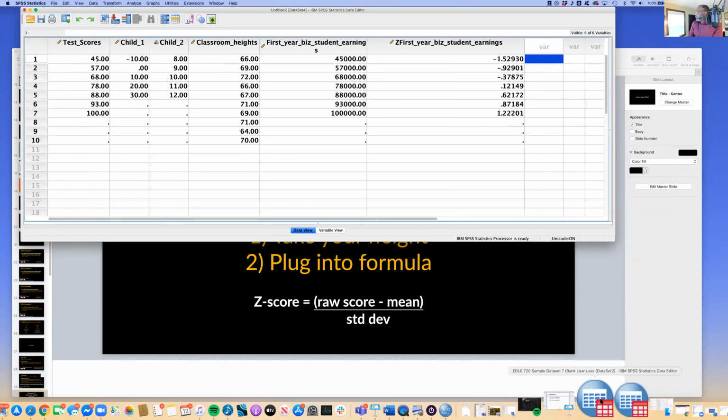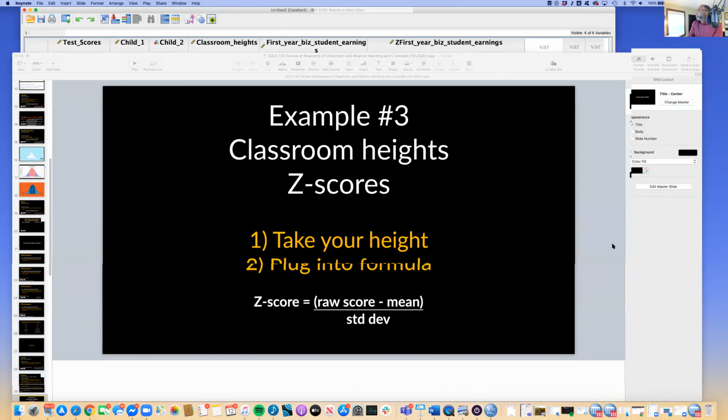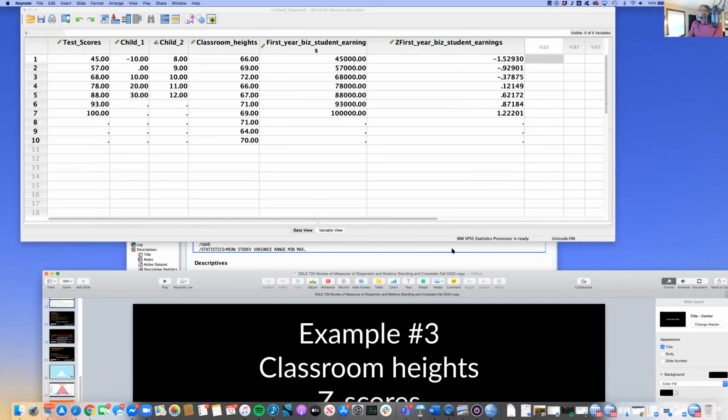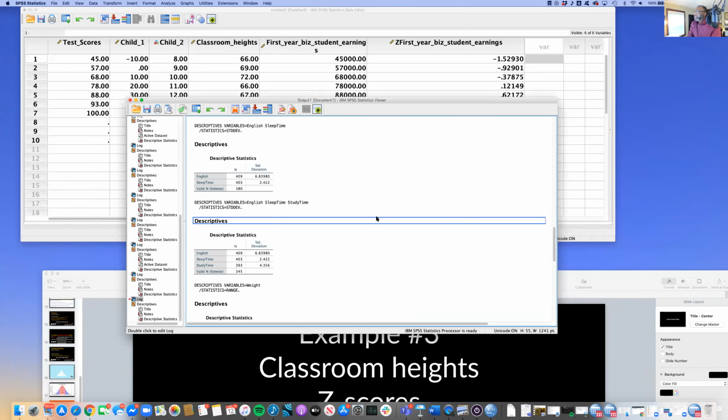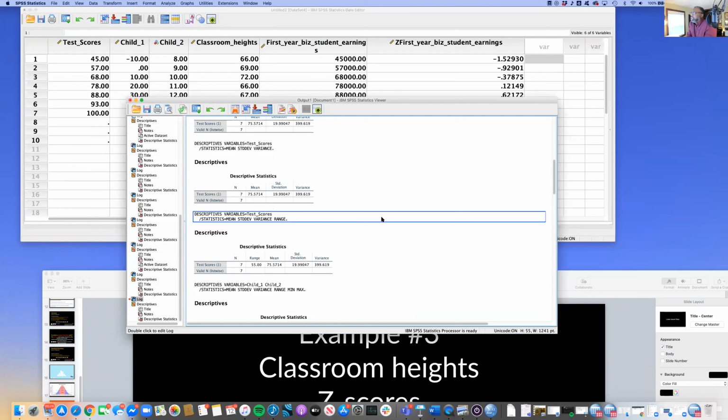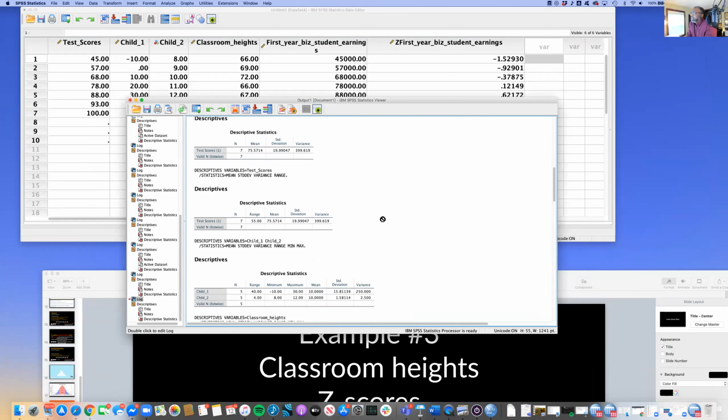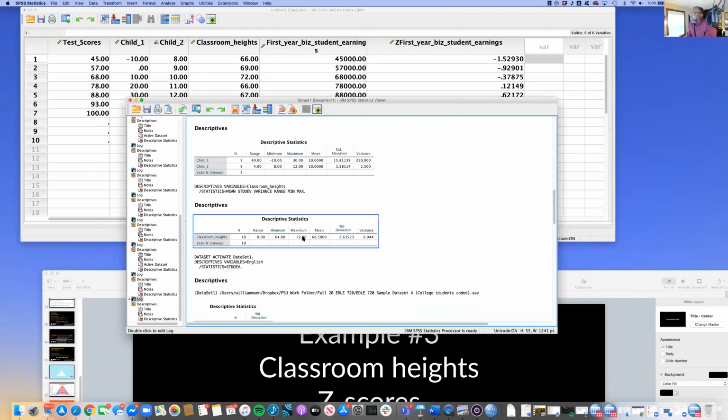All right, so let's find output. There it is. And we're going to scroll back up here to where we did our classroom heights. There it is. So the mean for our classroom heights was what, 68.5 inches, right?